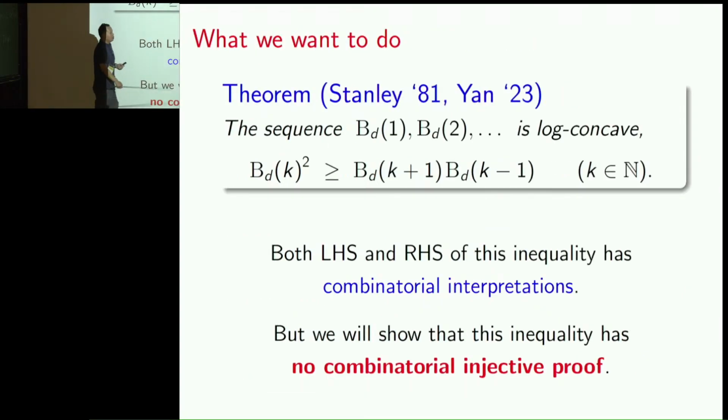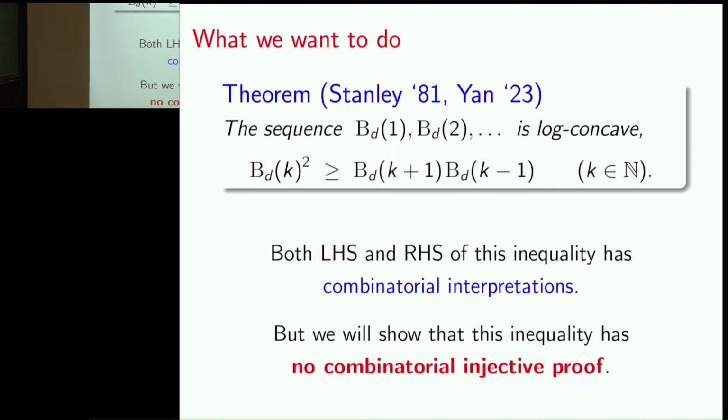Let me continue. So let me now come back to being the diverse advocate. I look at these inequalities, and I see that both the left-hand side and right-hand side have a combinatorial interpretation. They are both the number of bases of some matroids.